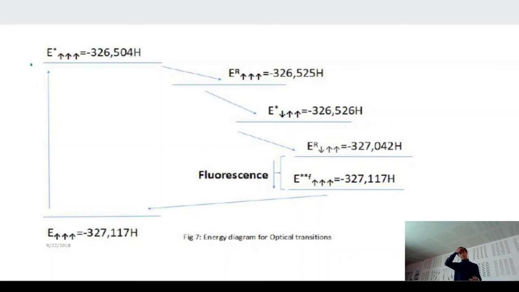So the question is, how do you make the excitation? Since you already have the impurity atom in this lower state, how do you make this? Okay, so we first started off with 30 atoms, and Professor Peter gave us how the structure looked.